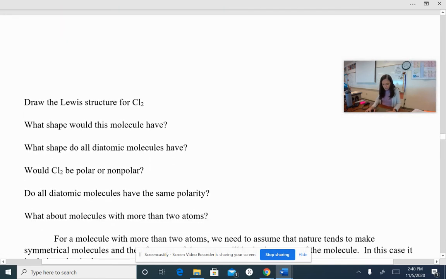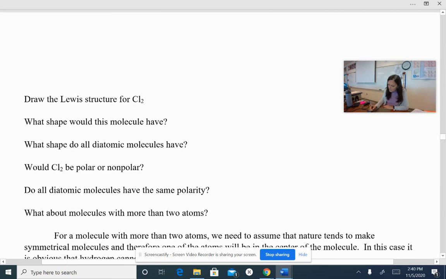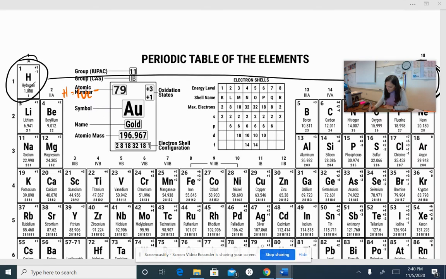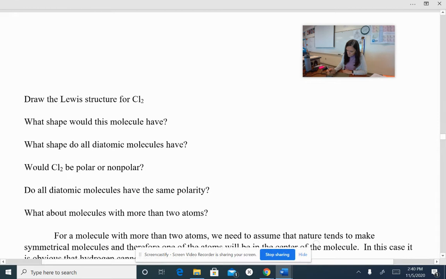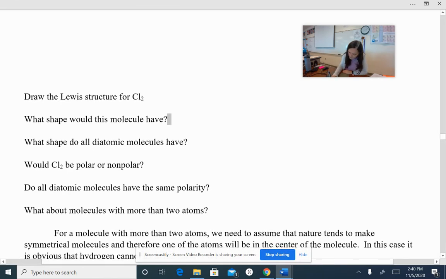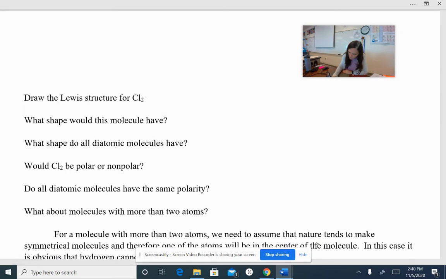Okay? So here we go. We're going to draw the Lewis structure for chlorine. Now, if I look on the periodic table, chlorine is right here, so we have 7 valence electrons. We've got 2 chlorines, so that gives me 14 valence electrons to place.